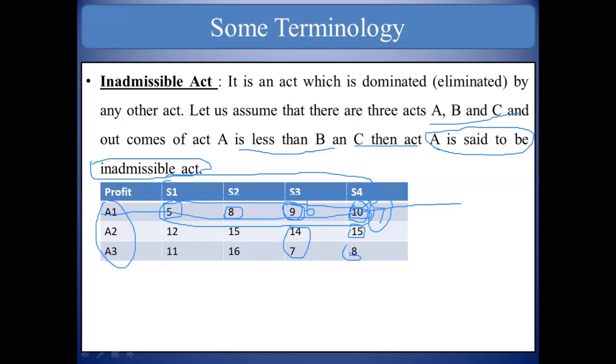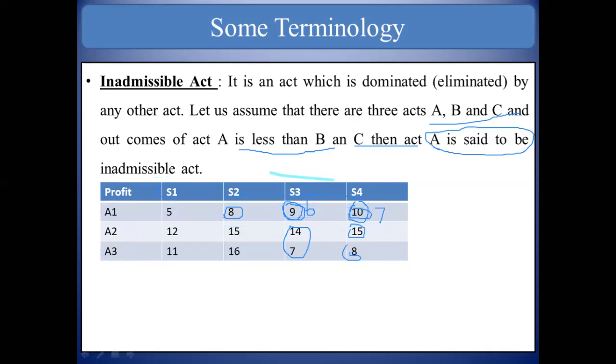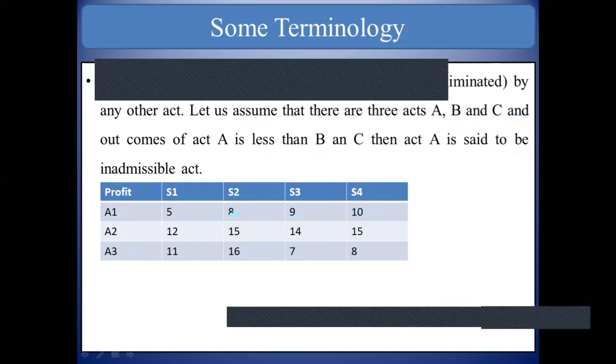Hence the concept of inadmissible act is very useful to eliminate some of the acts well in advance, and then we start our calculation process. That's why it is very important for us to understand the meaning of inadmissible act. I hope now it is clear to you all.